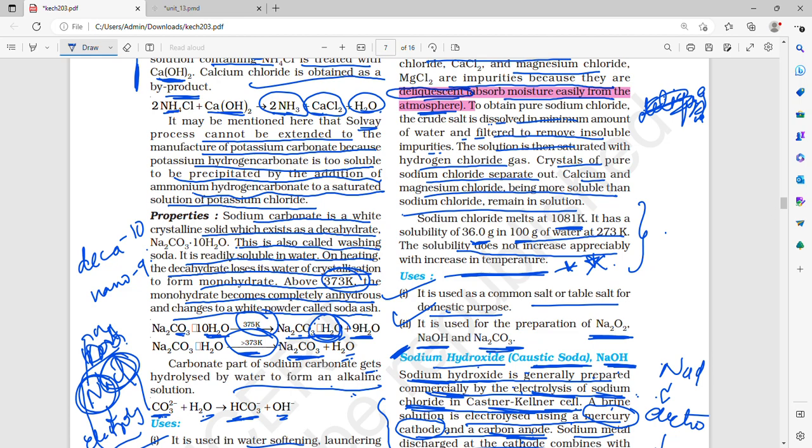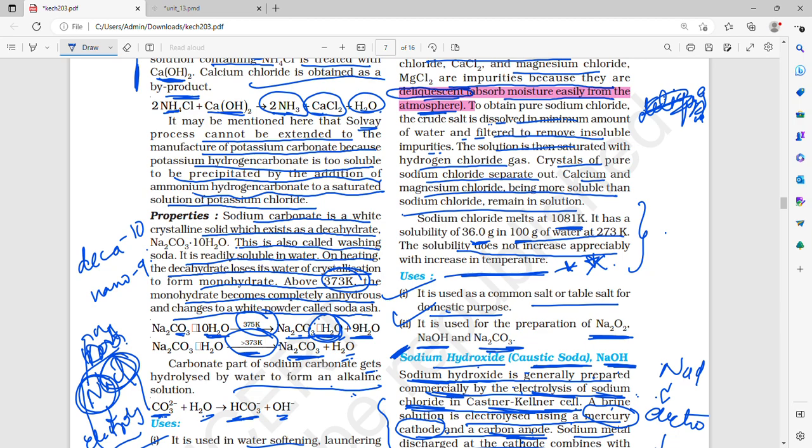So why do we do Solvay process? The main principle of Solvay process is the low solubility of sodium hydrogen carbonate. We get sodium hydrogen carbonate when we add sodium chloride to ammonium hydrogen carbonate. But the same can't be said for potassium, because potassium hydrogen carbonate has very high solubility.